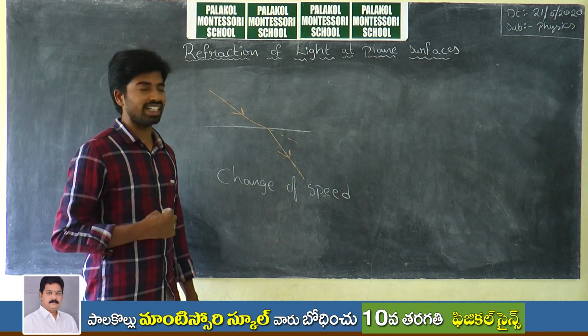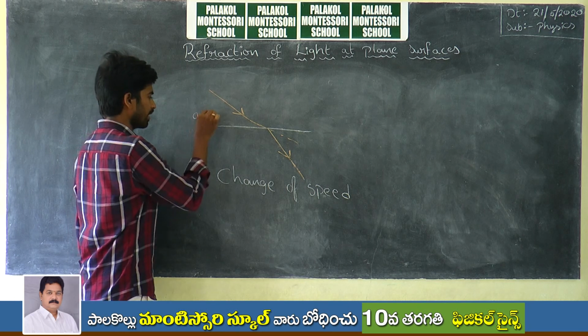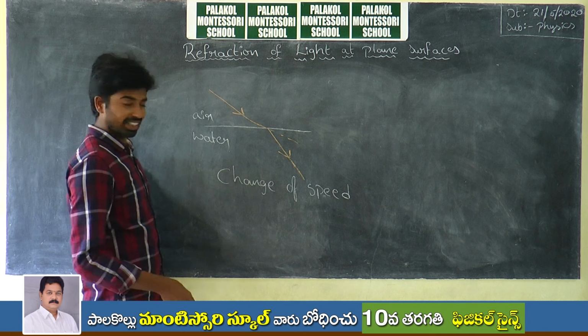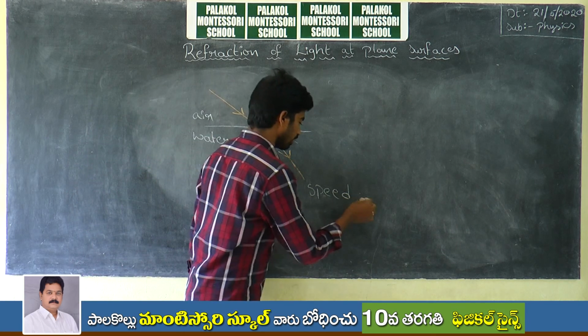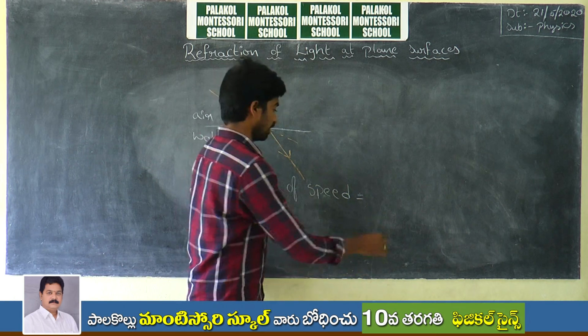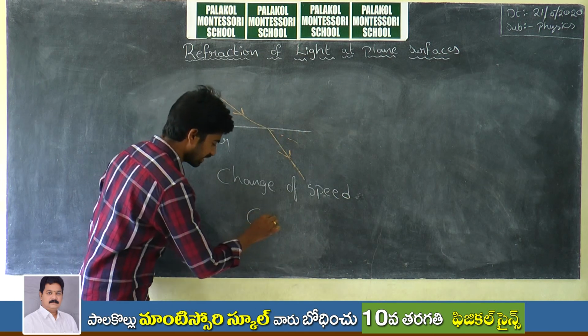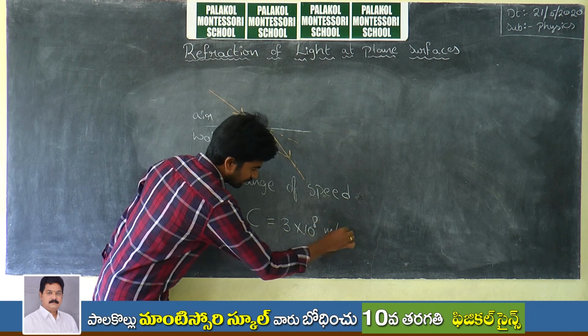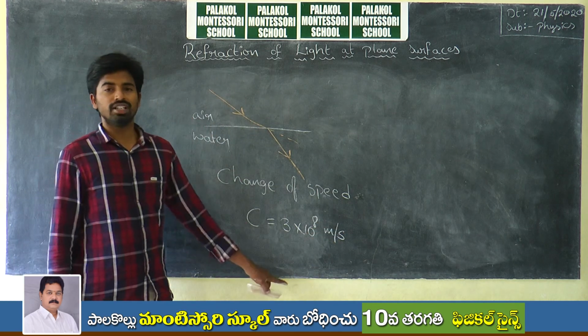What is the speed of light in air or vacuum? The speed of light in air is denoted as c, which is equal to 3 into 10 to the power of 8 meters per second.